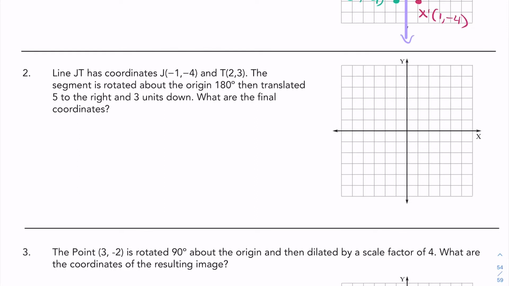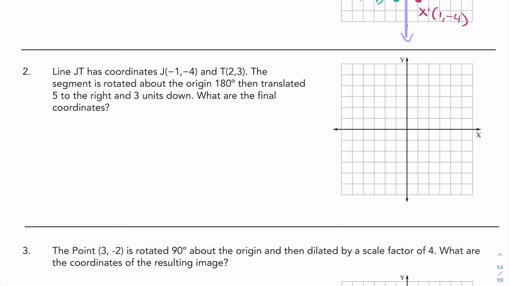All right, the next one. Line segment JT has coordinates -1, -4, and 2, 3. So I'll do -1, -4, and 2, 3.